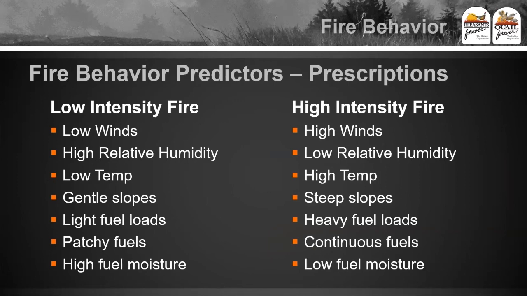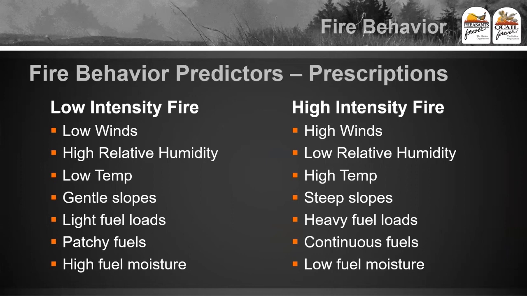Now, again, fire behavior is all about, right? We're writing a prescription, and so we're predicting our fire behavior predictors. So the art of this is to take these low intensity factors and these high intensity factors and weave them together to come up with a prescription that's going to meet your objectives, right?